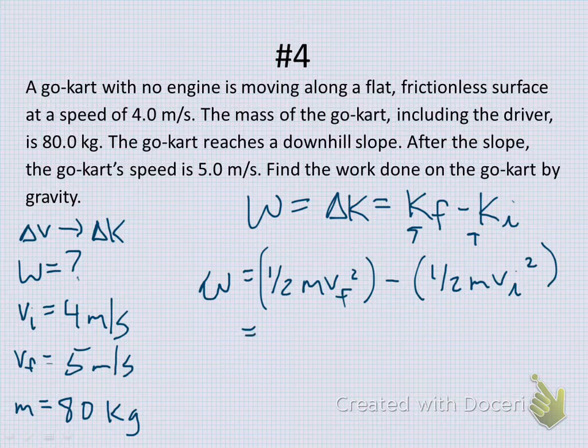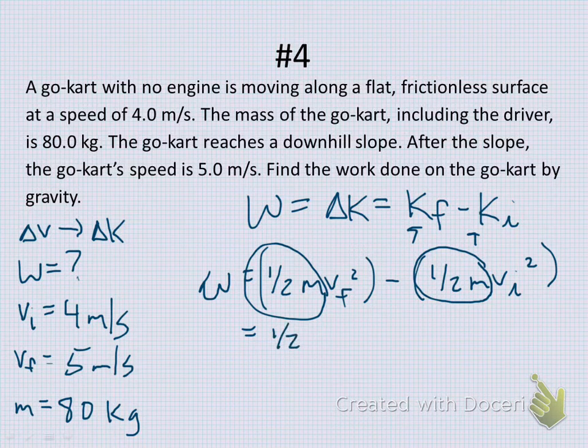A little shortcut, we can actually factor out the 1/2 m because it's common to both parts of this problem, and so we can change this to work is equal to 1/2 m times vf squared minus vi squared. You don't have to do that, it's going to come out to the same answer either way, but that can just save you a little bit of calculation.